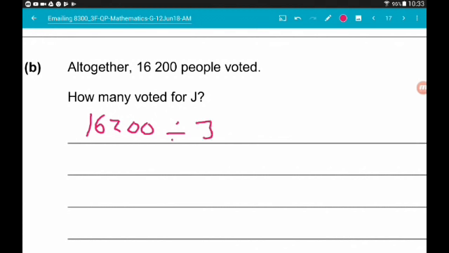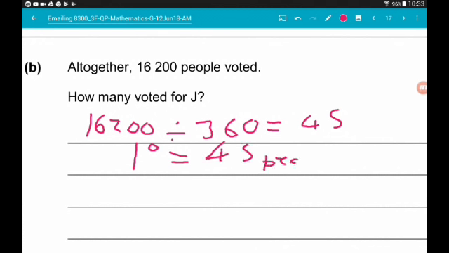So by 360. Now that gives us 45 people. So every 1 degree represents 45 people.